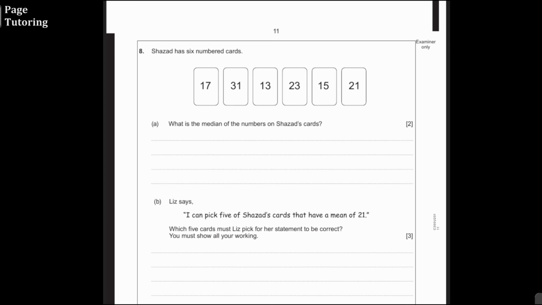Well, the median is when you put all of these numbers in order from smallest to largest, and then you pick the middle number. So let's just start putting these cards in order.